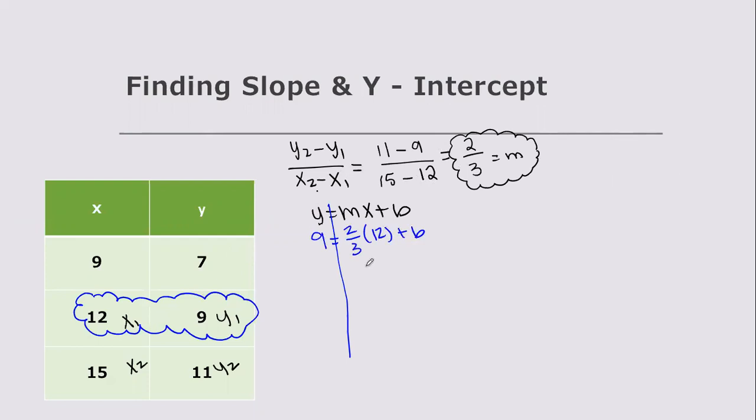So now I need to solve. 2/3 times 12 is 8. So 9 equals 8 plus b. How would I get rid of this positive 8?